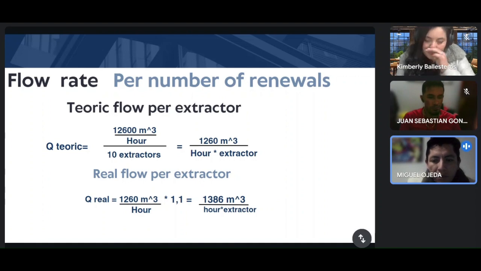The real flow rate per extractor is calculated by multiplying by the safety factor of 10%, and the result is 1,386 cubic meters per hour per extractor.